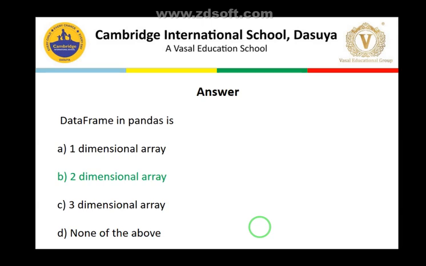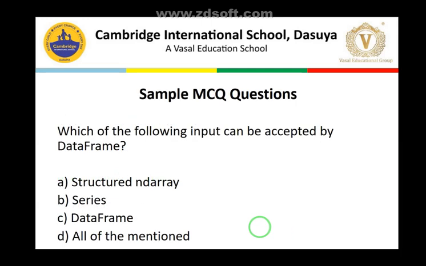So moving forward. One more question, students, just to refresh your knowledge of what we have learned about the data frame. Which of the following inputs can be accepted by a data frame? That is, a structured n-dimensional array, series, or a data frame, or all the above mentioned.